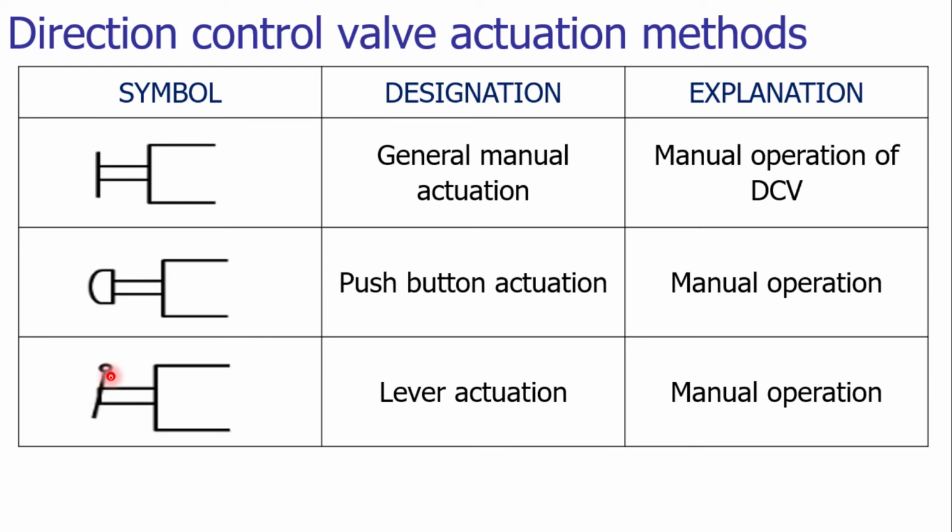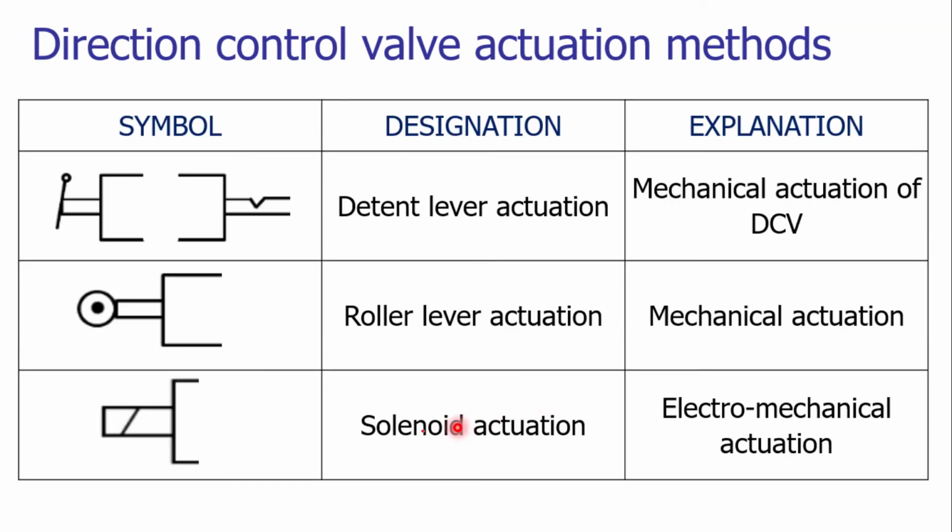When we are trying to represent the lever, we are using a little inclined line with a circle to represent the lever based actuation. The mechanical actuations can be represented like the detent lever actuation. So detent is the locking mechanism. By the detent we can have the facility to hold the position of the valve.